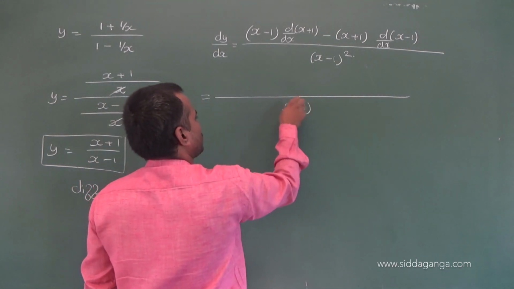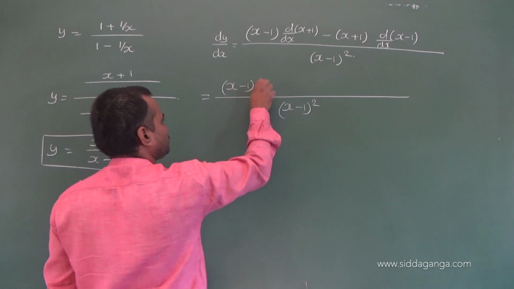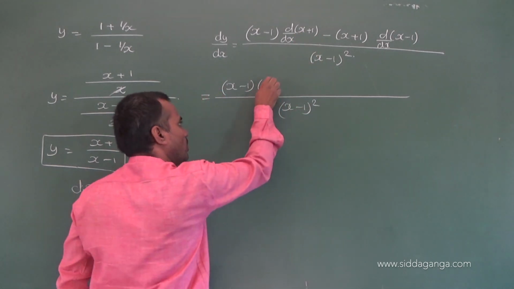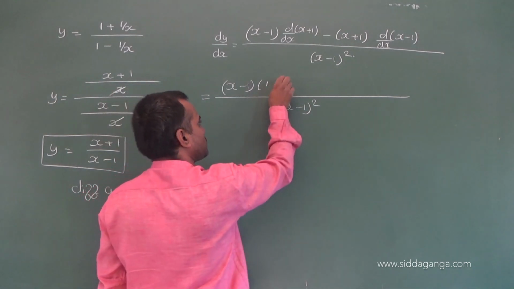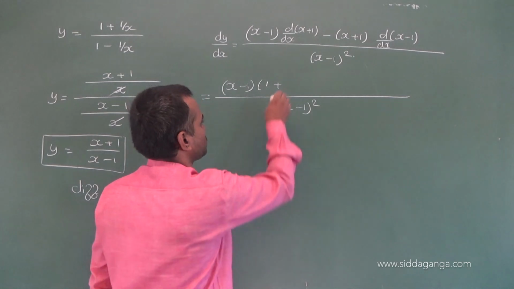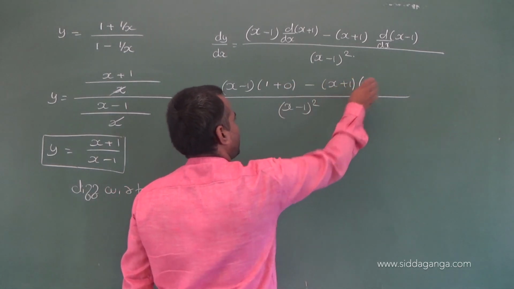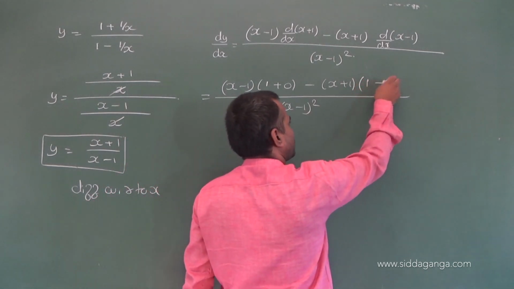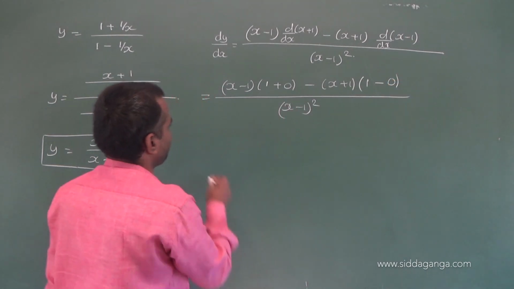So x minus 1 whole square, x minus 1 into derivative of x, it is 1, plus derivative of 1 is what? Constant, so it is 0, minus x plus 1 into, again observe here, derivative of x is 1 minus derivative of 1 is what? Constant, so answer is 0.